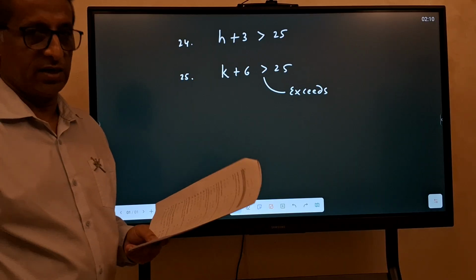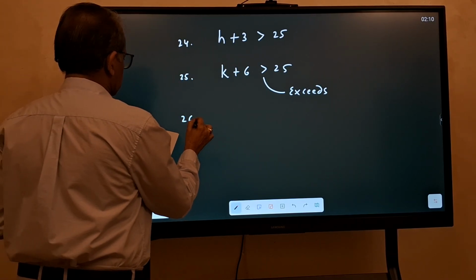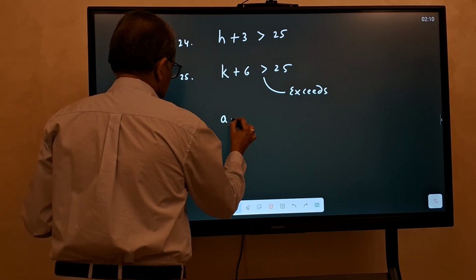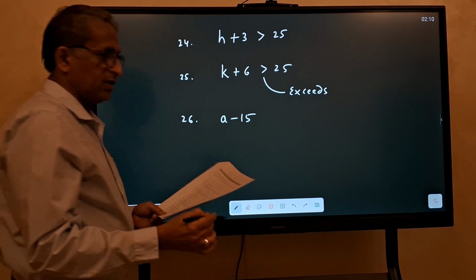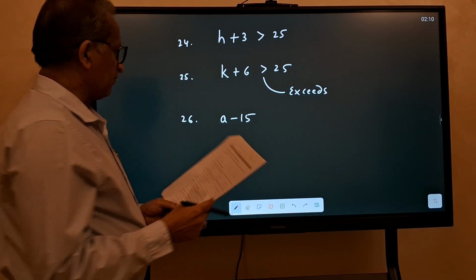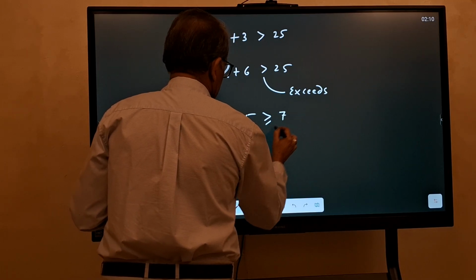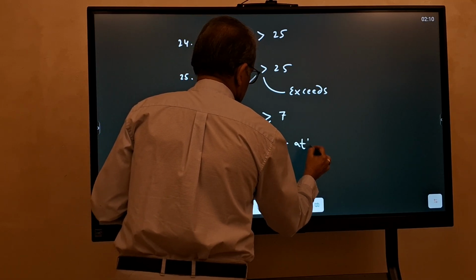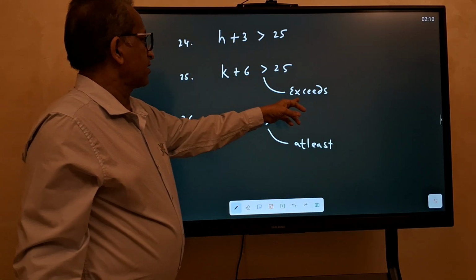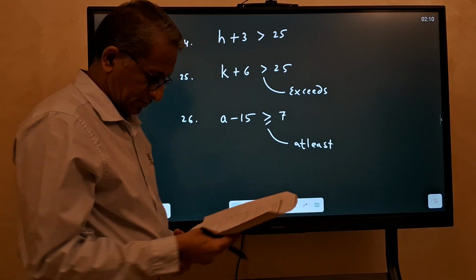Exceeds means greater. 26. 15 less than a. That is a minus 15. See, 15 less than a is at least 7. At least 7. This is at least. That means greater than or equal to. Greater than is exceed. Greater than or equal to is at least.